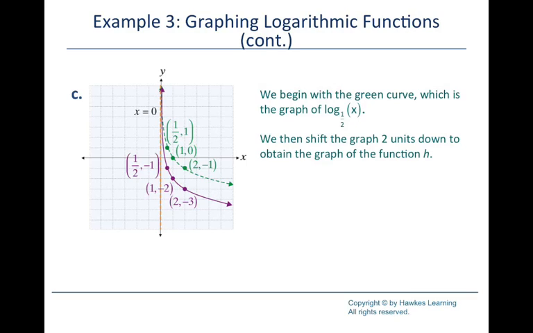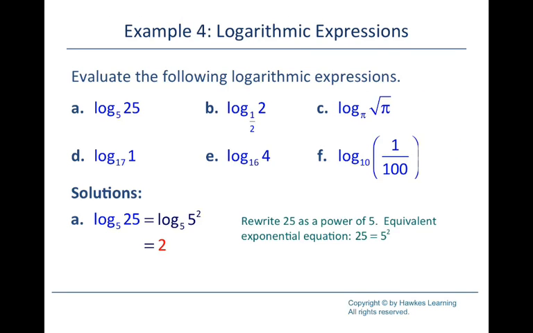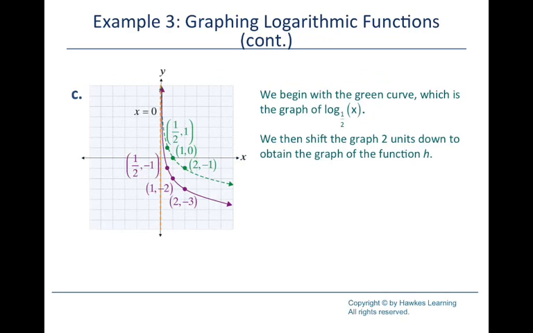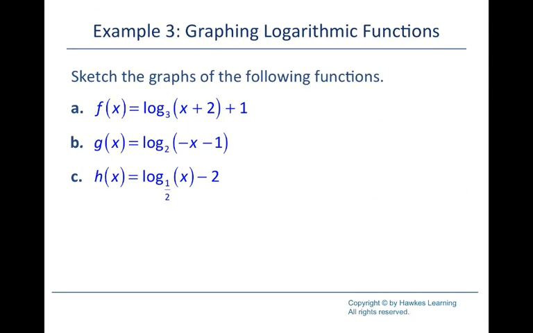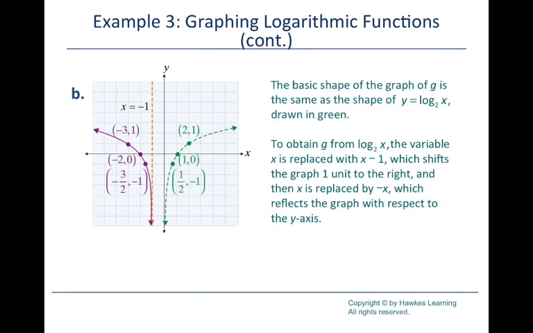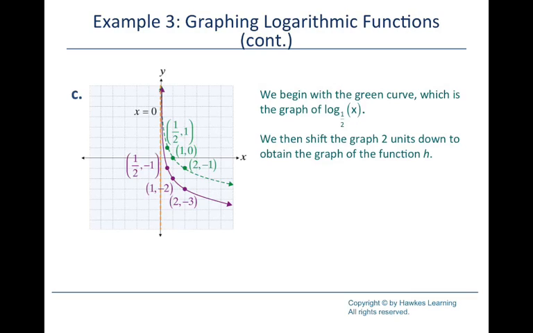So it didn't change the overall shape, it just shifted the whole graph up. Or was it down? Let's look. Let me go back. It's down 2, I'm sorry, it's -2, so I was saying up. But this one shifts from the green as the original down 2 with each point. So each point is a downshift 2 because of that -2 in that equation.